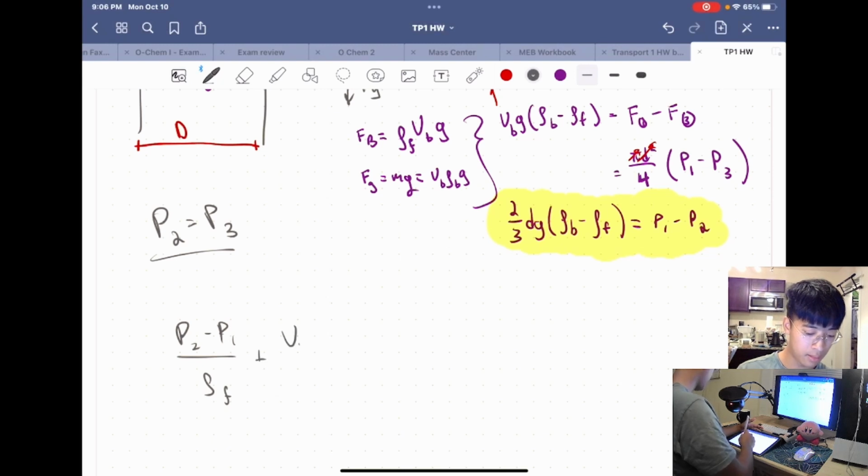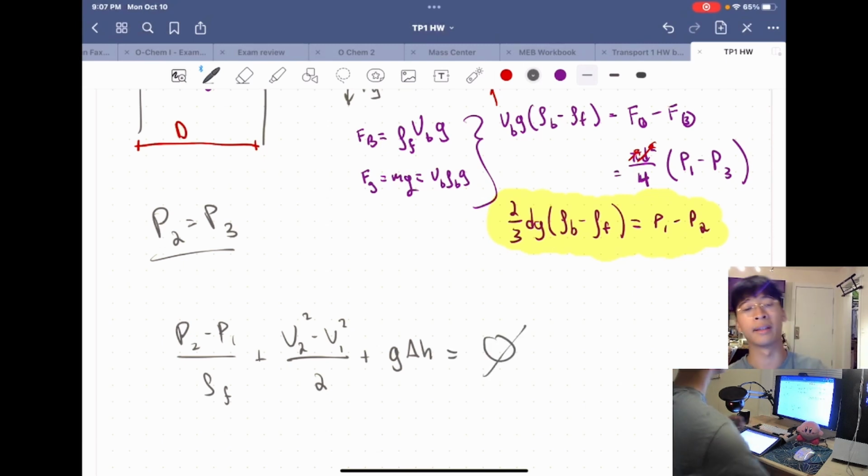Plus the velocity term, plus the height term. Let's do height here. Height equals... and we're going to say frictional heating is 0 to make this calculation feasible. We're going to make a lot of things go to 0 in today's calculation.